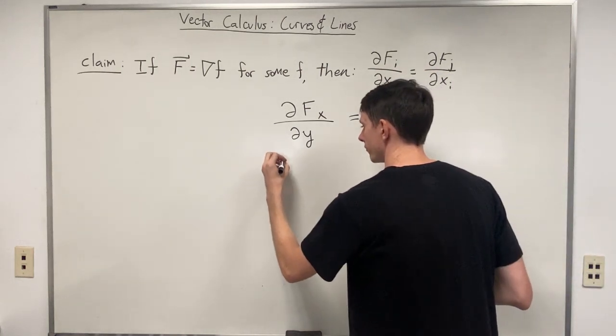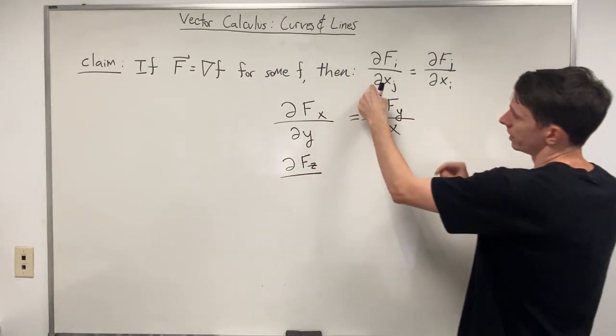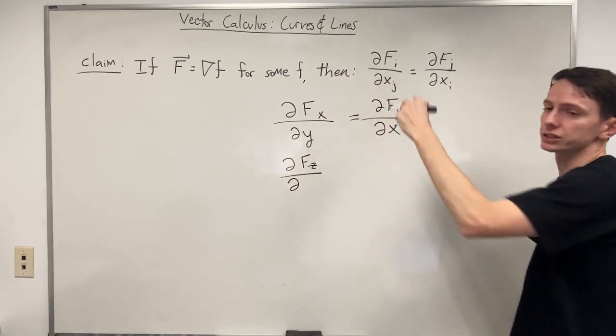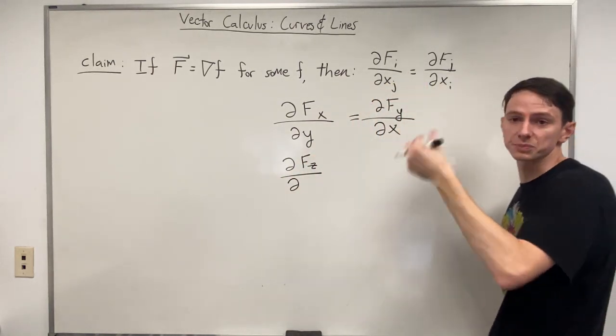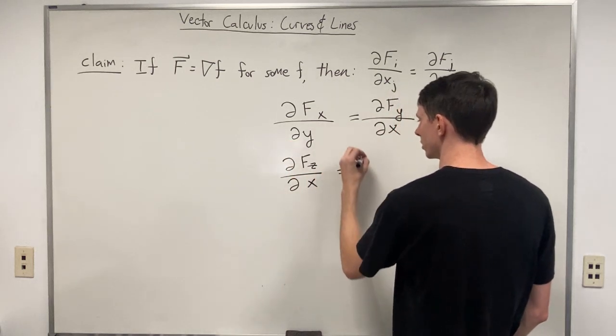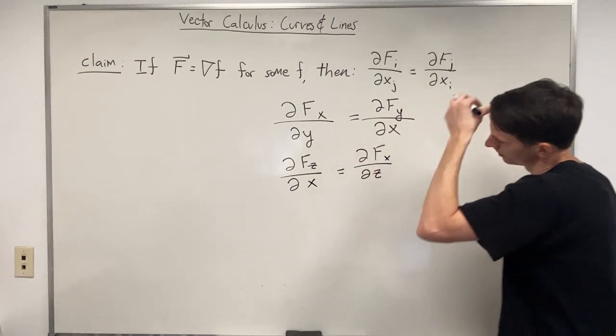Then we would have partial f_z, and now maybe j corresponds to x. So now we have partial f_z partial x equals partial f_x partial z.